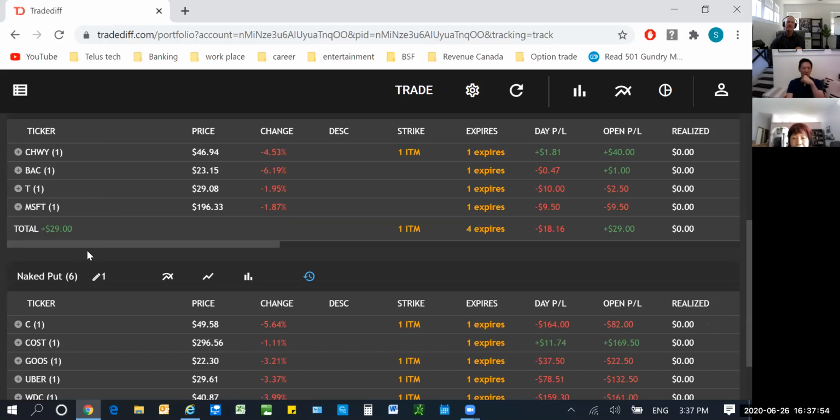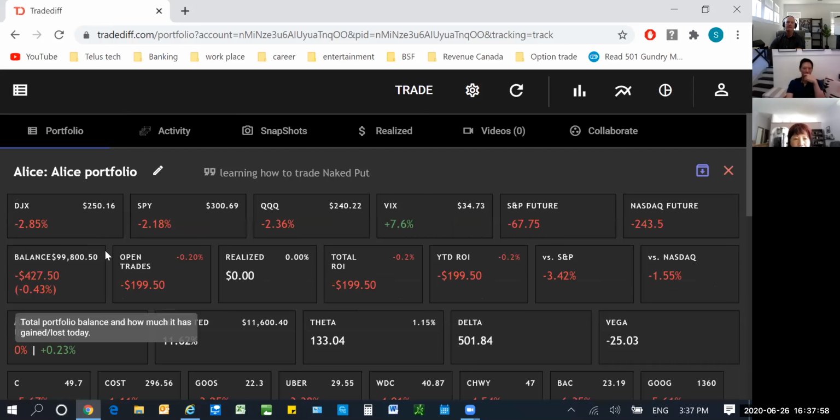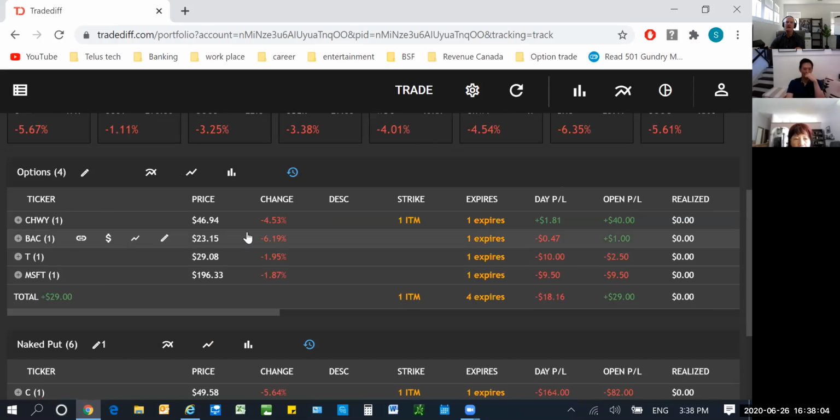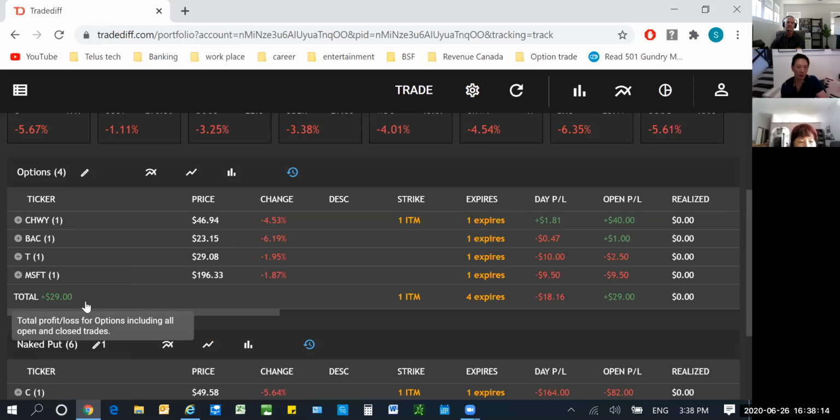So let's do all of this for now anyway, even though they're going to expire, let's just have her do it. Go up and right click on Chewy's. Okay, right here. Group all those and put it under naked put. Alice, you should do this every time you make a trade, because TradeDiff will track these for you in a certain group and give you a lot of analytics that's important for your tracking.